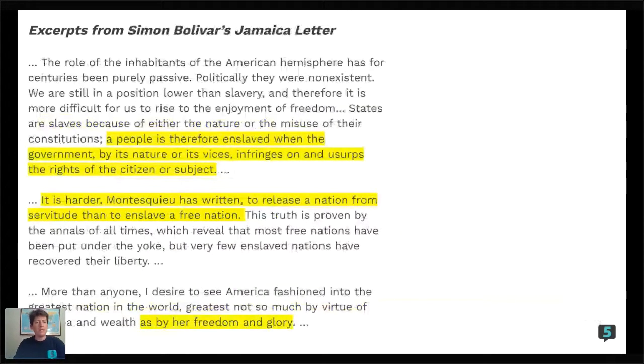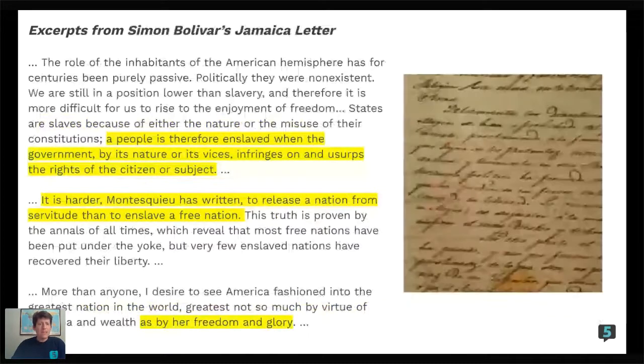Simón Bolívar, the leader of the great South American revolutions, in his Jamaica letter, while he is briefly exiled to the British island of Jamaica, writes this letter to the British governor of Jamaica, maybe looking for support. And he lays out his arguments for independence and why they are feeling oppressed by Spain at this point.